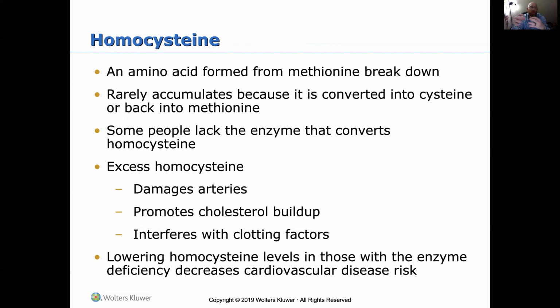That makes your arteries more prone to catch cholesterol and have it build up on itself. If the artery walls are smooth, you won't have as much of this happening. Also, homocysteine interferes with clotting factors of the blood. So by lowering homocysteine levels in those with enzyme deficiency, it decreases your cardiovascular disease risk. That's important.